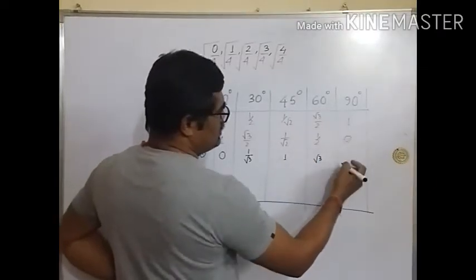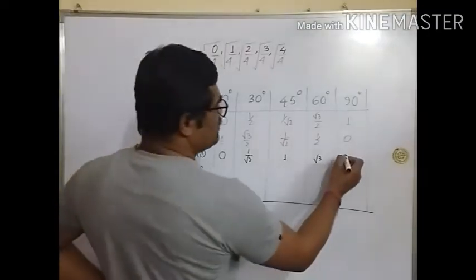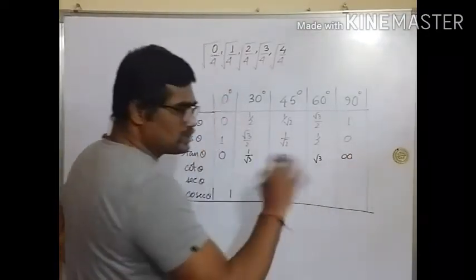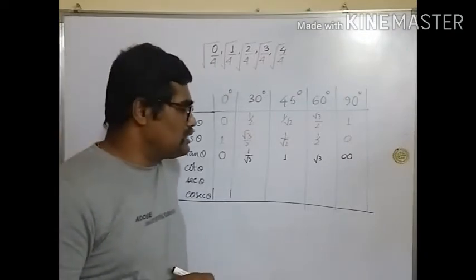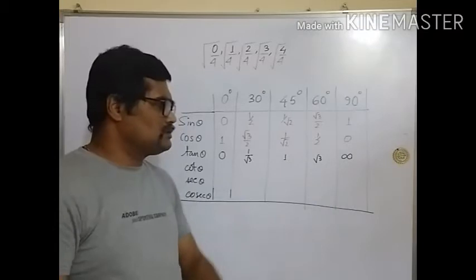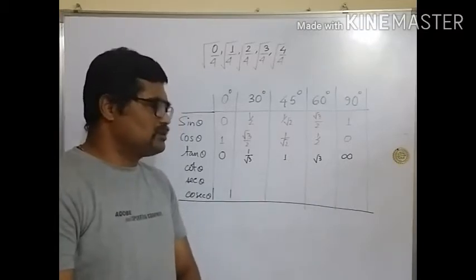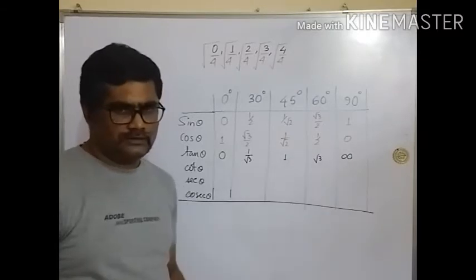And then something non-zero divided by 0 is undefined. Anyway, we should write the word undefined completely, but as we are very much acquainted with the symbol infinity, we write it. But it is much more secure if you write undefined.